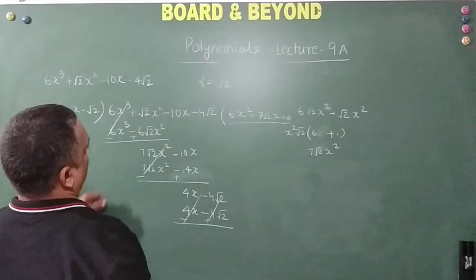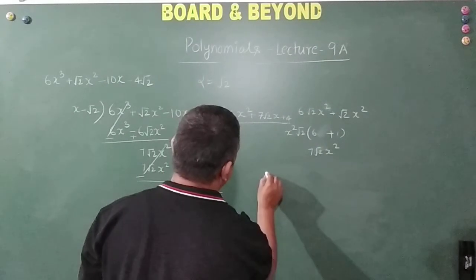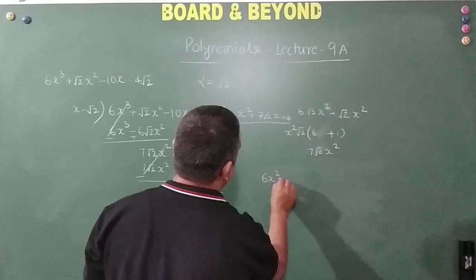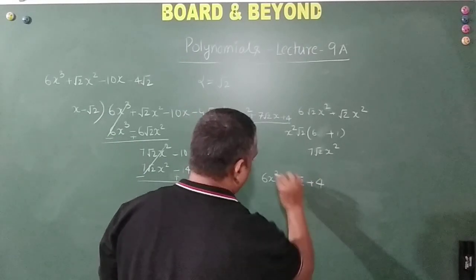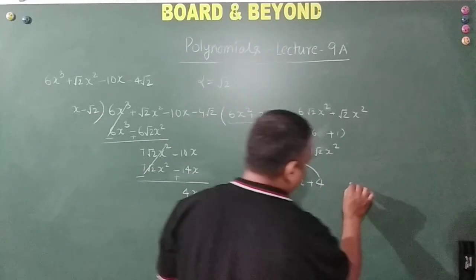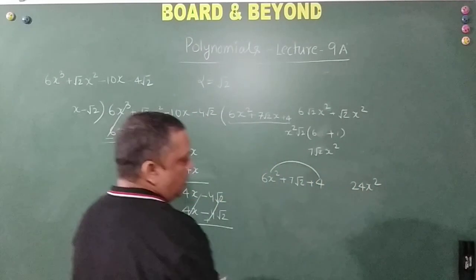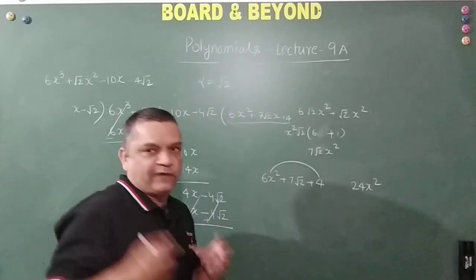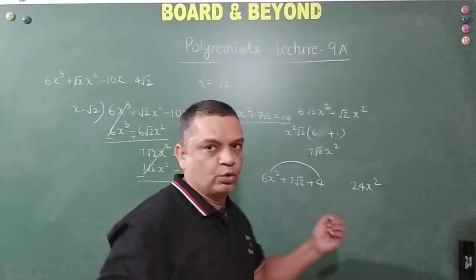Now we need to factorize this and find the other two roots, right? So 6x square plus 7 root 2 x plus 4, the product of these two is 24x square, right? So see, I need to break 24 into two parts such that both of them contain root 2, right, friends?